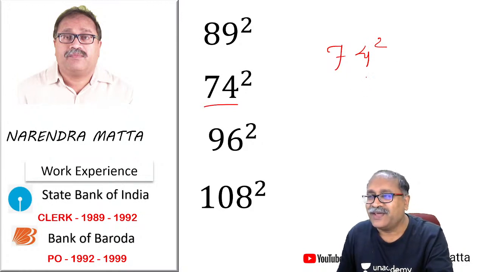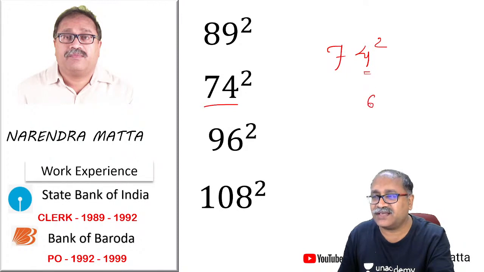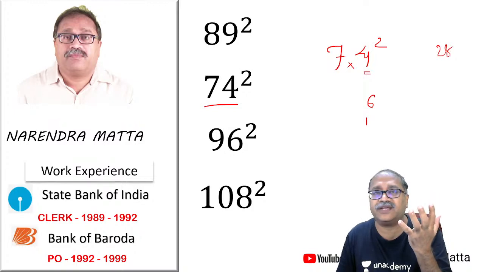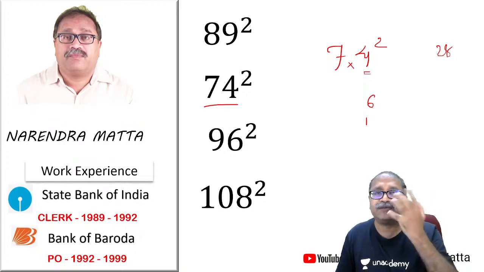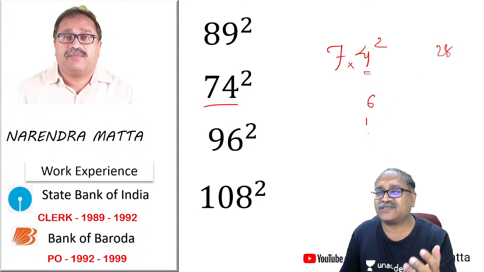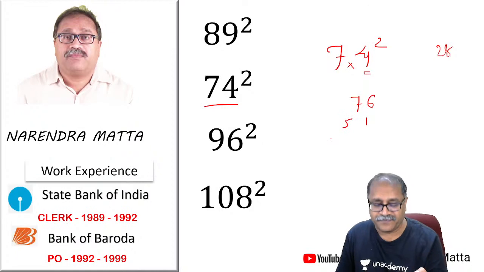Very good afternoon. The very first thing is that 4 square, the 4 square is 16 and carry 1, and then comes 7 into 4, which is 28. What we do with this 28? We make the double of it. We don't write that 28 as 28 there. We simply write the double of it, and that is 56. And 56 plus 1 is 57. So I will write the 7 here, carry 5.